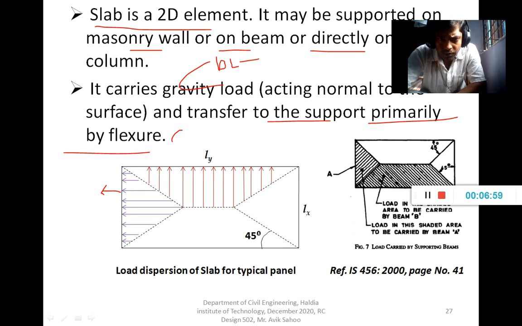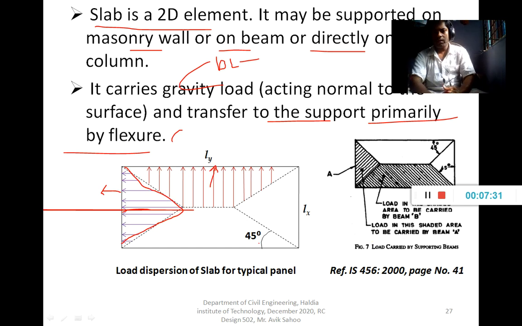If the load dispersion angle is 45 degrees, then this much load is transferred to this beam. This triangular load is taken up by this beam, whereas this trapezoidal load is taken up by this beam, and similarly another trapezoidal load is taken up by this beam.